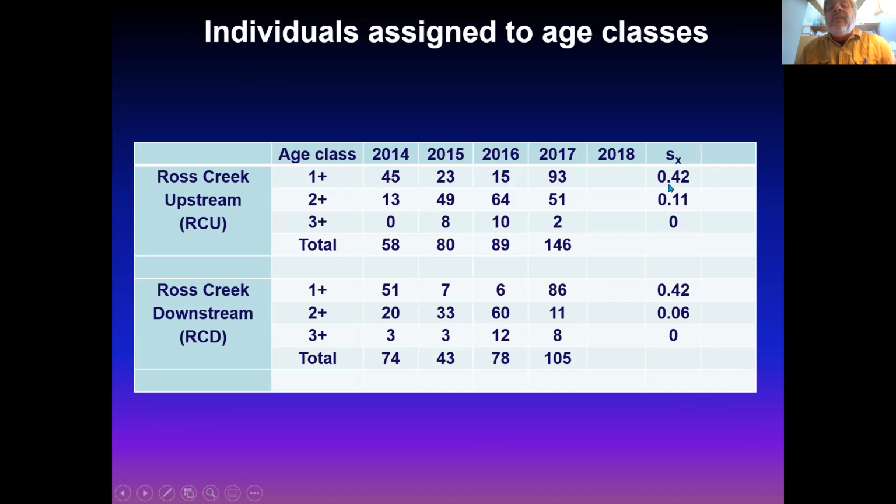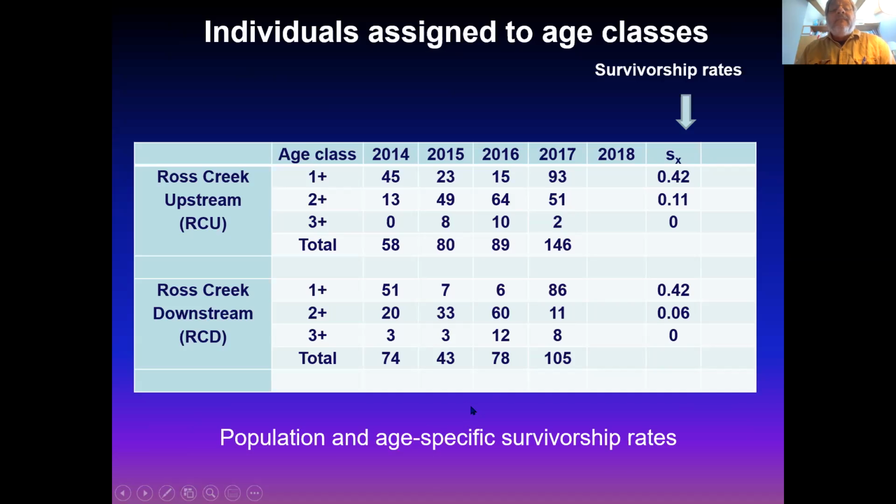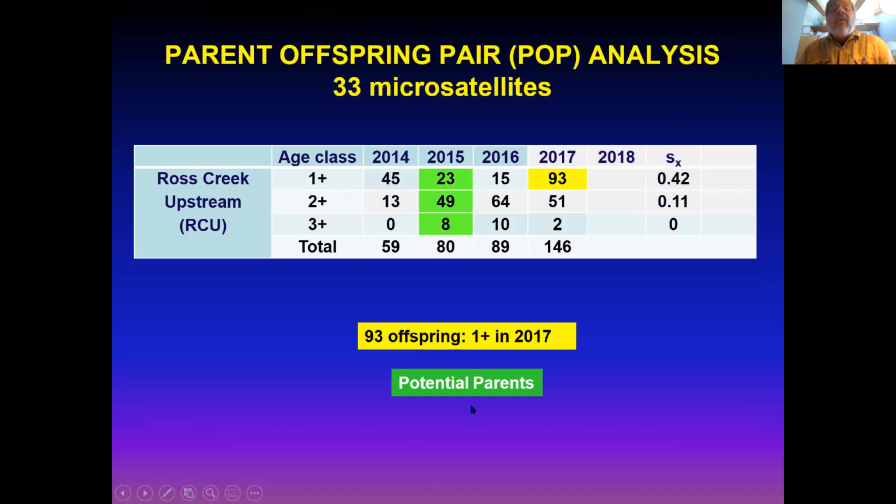So 42% of them survive in this stream. 42% survive from age 1 to age 2, only 11% survive from age 2 to age 3, and 0 survive past age 3. Numbers differ in different streams. So we now have age, and we now have a survivorship rate. And so these are the data that we went on to continue working with.